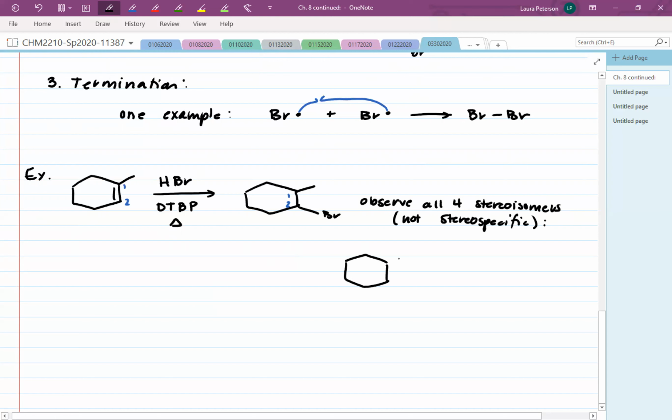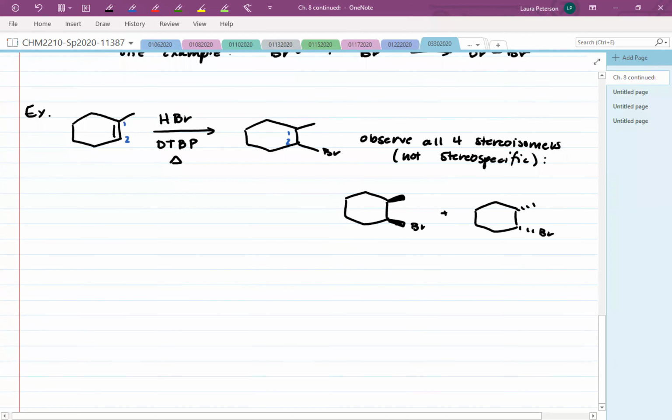We could have the methyl group and the bromine both being wedges, we could have them both dashes. And then we could have the 2 trans options. We'll put the methyl on a wedge and the bromine on a dash, and then the last trans option would be to alternate and put the methyl on a dash and the bromine on a wedge. Okay, so we would observe all 4 possible stereoisomers.